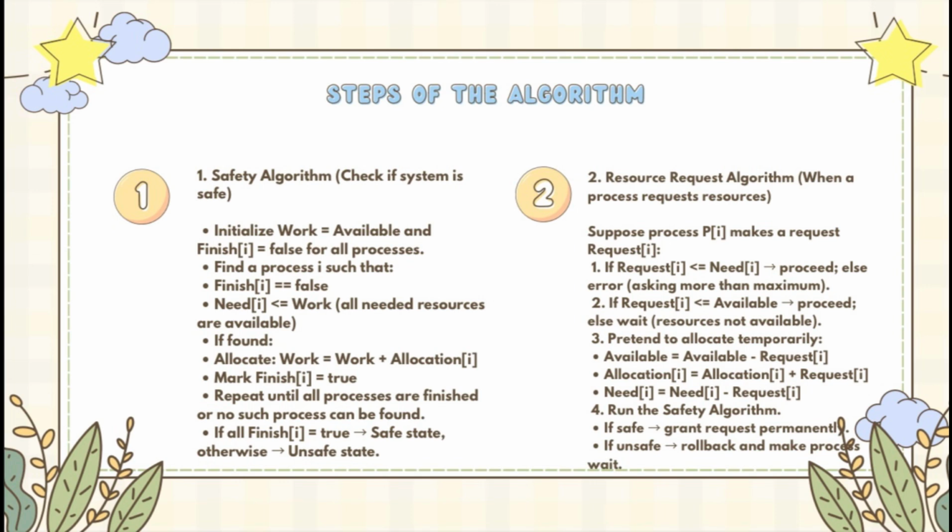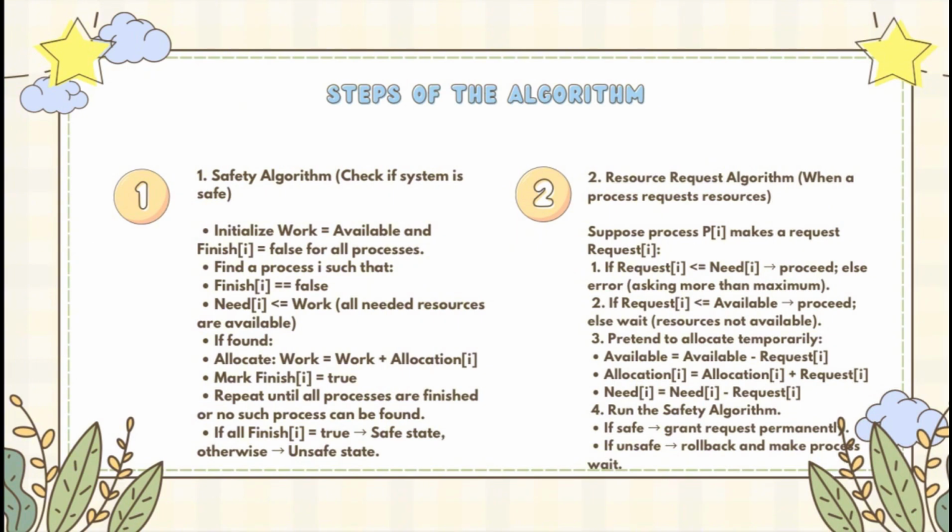Find a process i with Finish[i] equal to false and Need less than or equal to Work. If found, Work is equal to Work plus Allocation, and mark Finish[i] as true. Repeat until all processes are finished or no such process can be found. If all Finish are true, the system is in a safe state, otherwise an unsafe state.